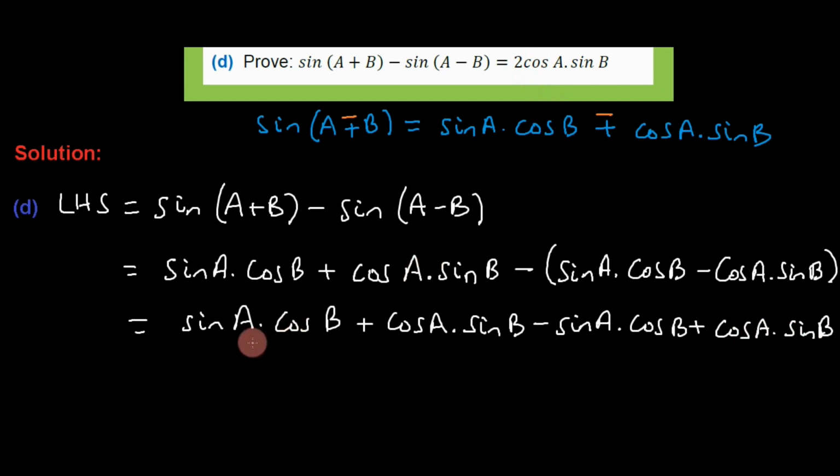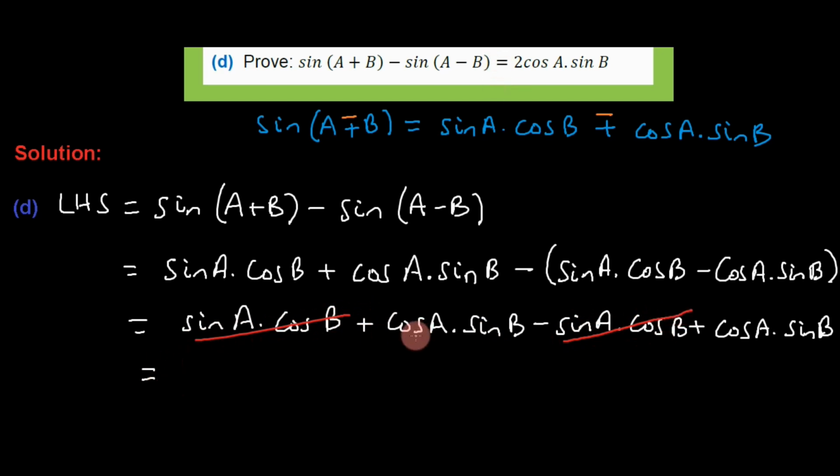Now, if you look carefully at this that we have here, we can see that the sine of A times the cos of B will cancel with the sine of A times the cos of B. So these two terms cancel.